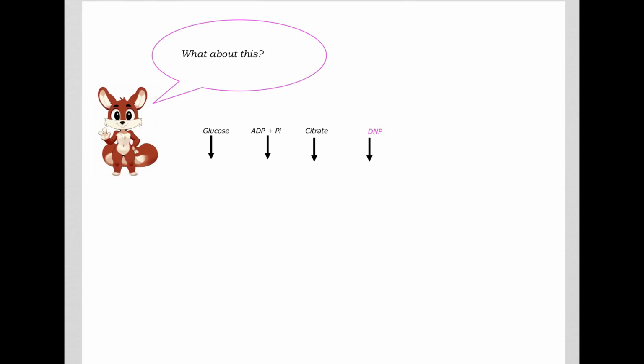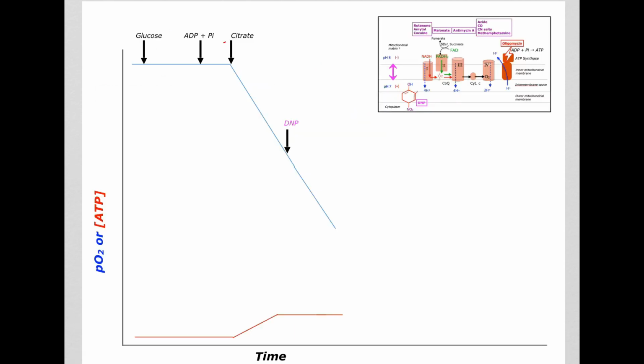Here's another one to try. See what kind of graphs you get when you add these chemicals in the following order. Once again, as you add citrate, oxygen will be consumed and ATP will be synthesized. Now if you add the uncoupler DNP, the electron transport chain will continue.